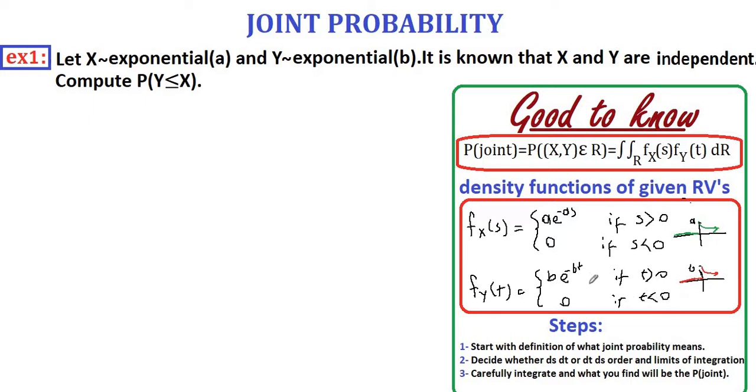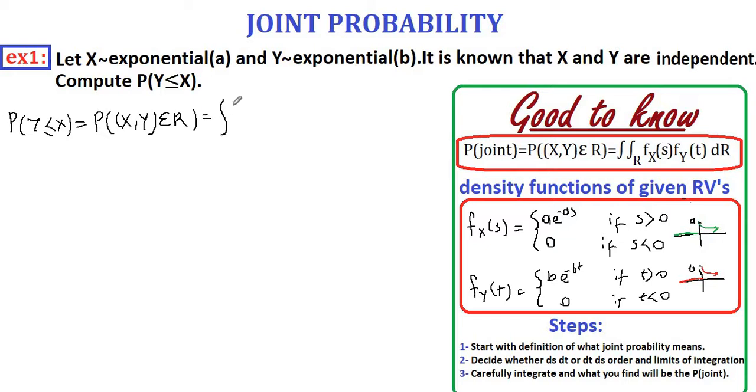Now let's review the steps to start the solution. We're going to start with the definition of joint probability. That is the probability that, in our case, y is less than or equal to x, is the probability both x and y are in the region.